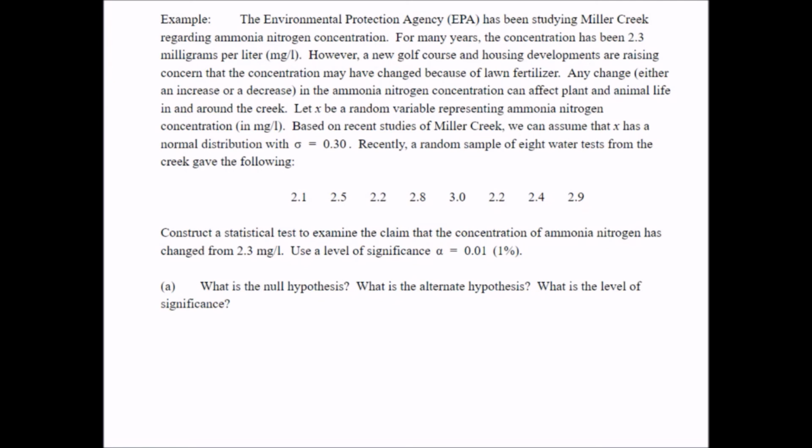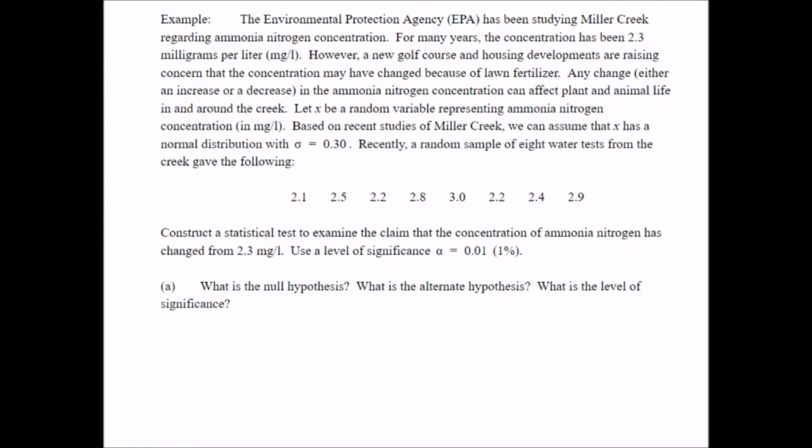So in any case, they take data. It says construct a statistical test to examine the claim that the concentration of ammonia nitrogen has changed from 2.3 milligrams per liter. We're going to use a level of significance of 1% or 0.01.